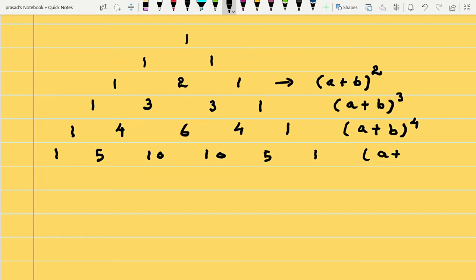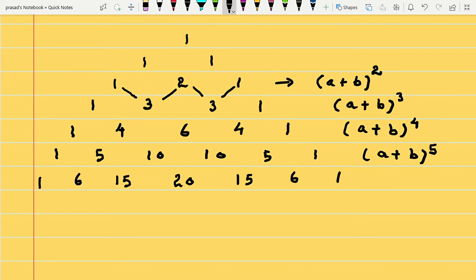Coefficients in the expansion of a plus b to power 5, and then the coefficients in the expansion of a plus b to power 6. 1, 6, 15, 20, 15, 6, 1. So the ends of each row are 1 each, and when you add any two coefficients in any row, you get the coefficient in the next row, and that you will write in the middle of the two.